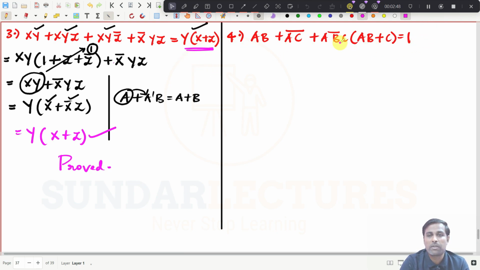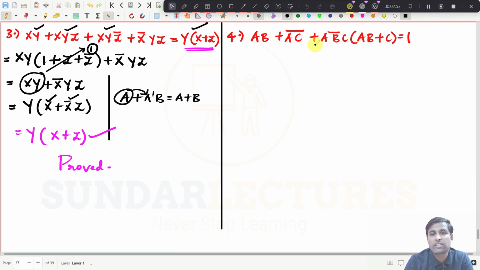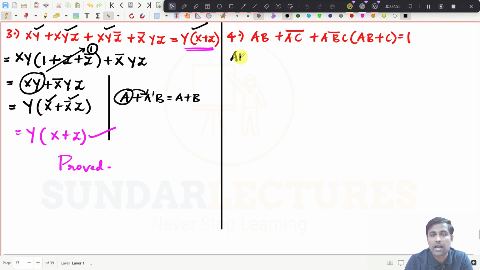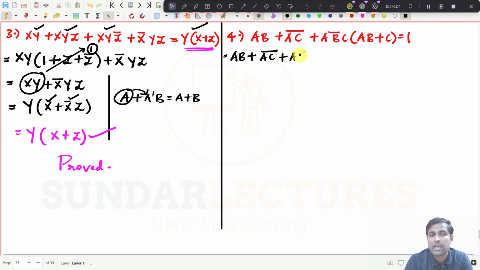So the next problem is this one. First you just multiply this one, because that is the idea. This is (a plus b)(ab plus ac) whole bar, plus a b bar c, a b, that is the first term, and then plus a b bar c, and then this is c, right?